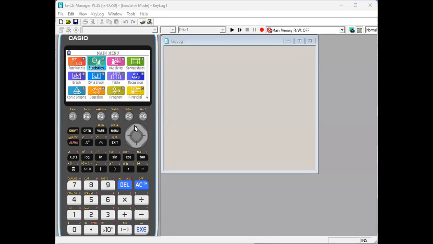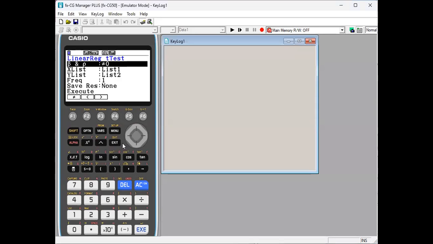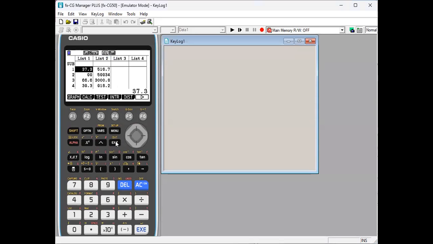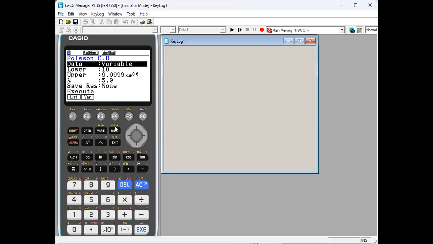As you can see on your screen, I'm going to use the calculator's statistics menu. I hit execute, then F5 for distribution, then F6, and Poisson, this is the Poisson distribution PCD, then the variable option.